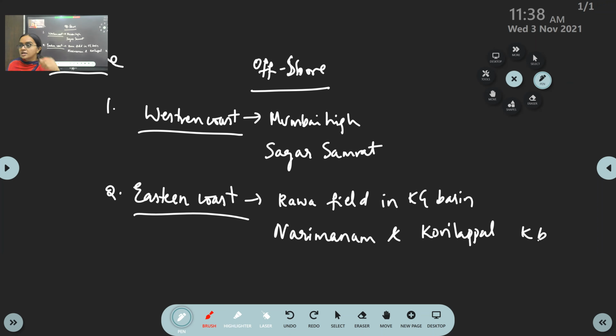So how is natural gas formed? Petroleum consists of hydrocarbons in liquid and gaseous state. And gaseous state is nothing but natural gas. Above the crude oil, what do we have? We have storage of natural gas, and we have to extract it carefully. Okay, is it clear?